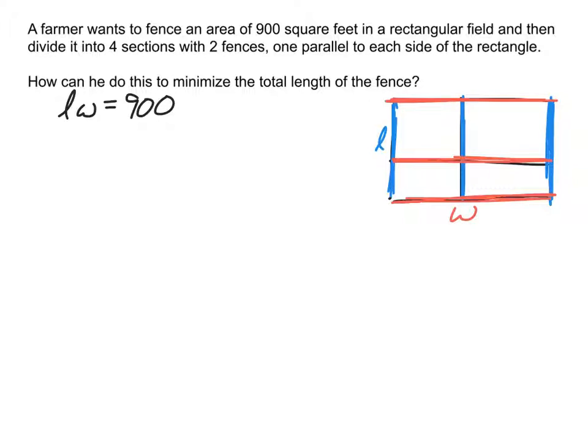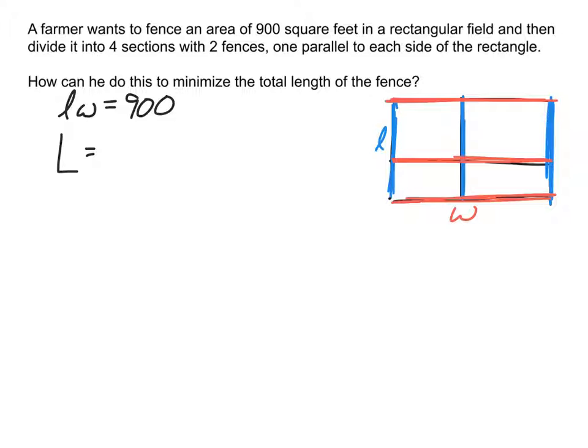To represent the total length, since I use little l and little w to represent the individual lengths and widths, I'm going to use a capital L to represent the total length. Oftentimes we'll use capitals to represent a total or a bigger idea, and the lowercase to represent an individual one. Yes, they are different if the capitalization is different. All right, so the total length would be all of the L lengths.